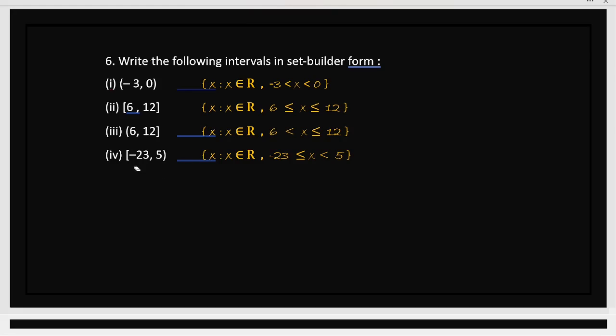That means -23 is included and 5 is not included in the interval. {x : x belongs to R, -23 ≤ x < 5}. This is in the set builder form.